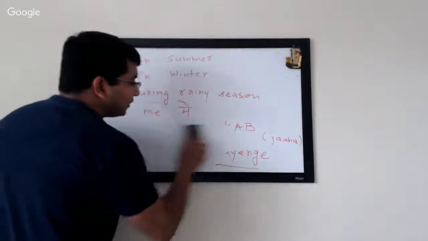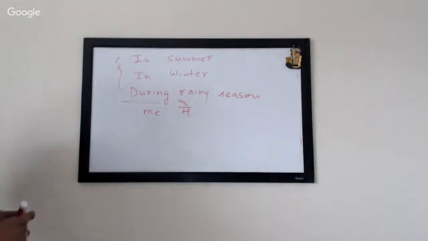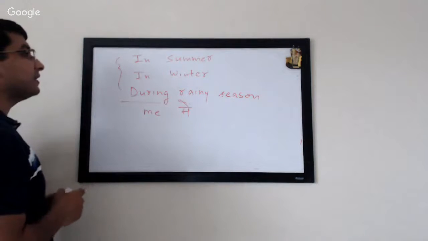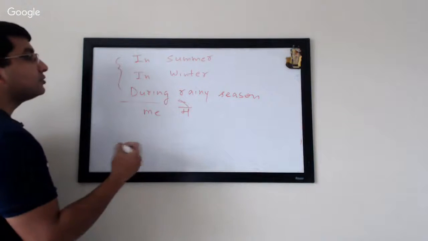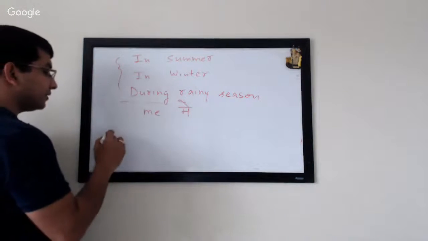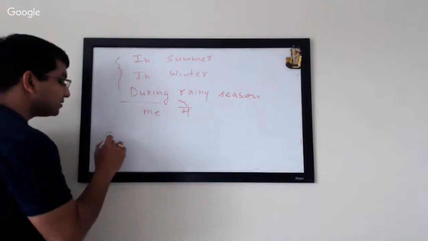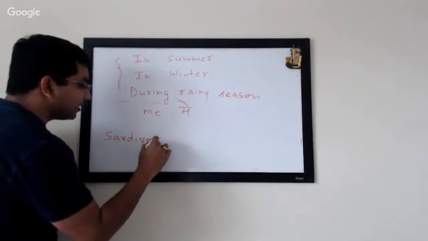So if you were to rewrite the same sentence we wrote in case one, Kerala chalte hain, let's go to Kerala in summer, or let's go to Kerala in winter, you can say sardi mein or sardiyon mein, in winters.